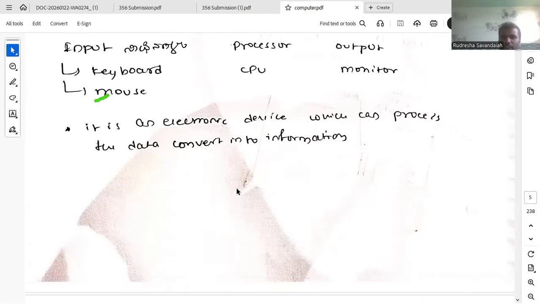See, it is an electronic device which can process the data, convert into information. See, what is the CPU, central processing unit? It is an electronic device which can process the data, convert into information.